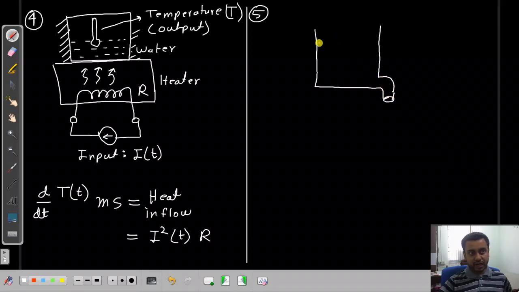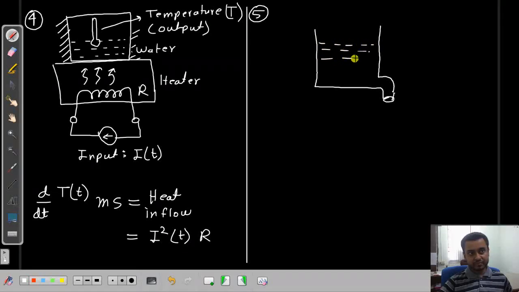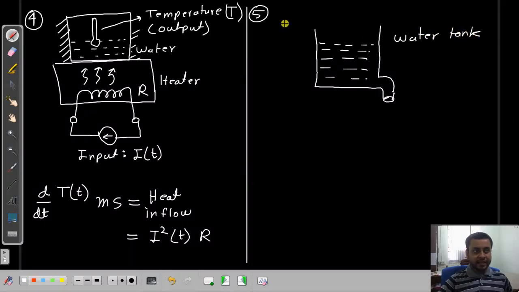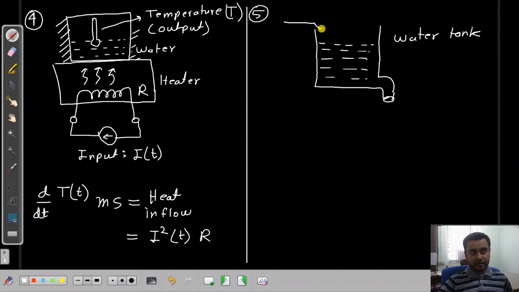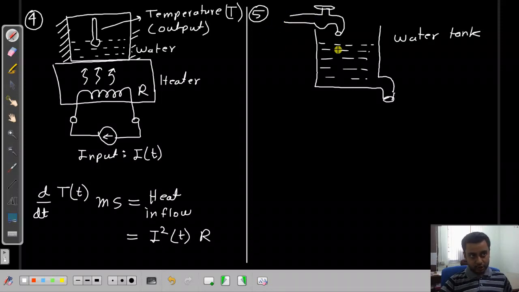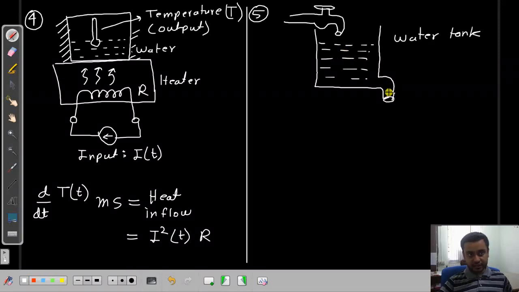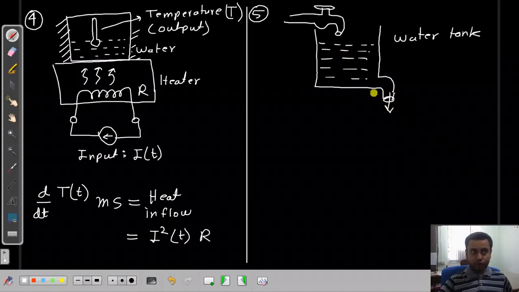So this is a water tank, and it also has an inlet. So you can pump water into the water tank, and you shall also get water coming out from the outlet.